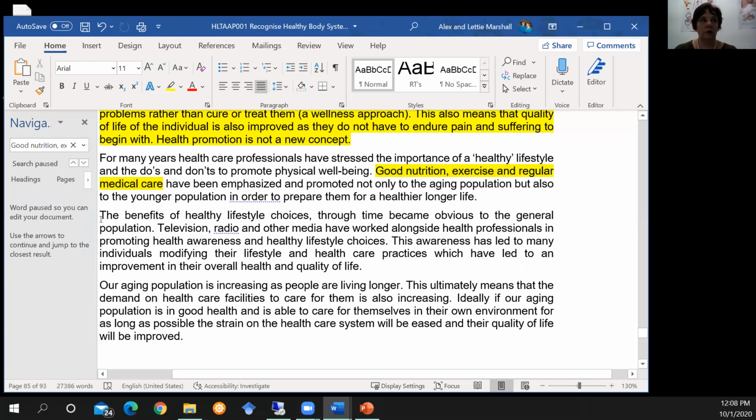The benefit of these choices is a benefit for the whole population, really. Start with awareness. It's led to us modifying our lifestyle and healthcare practices.